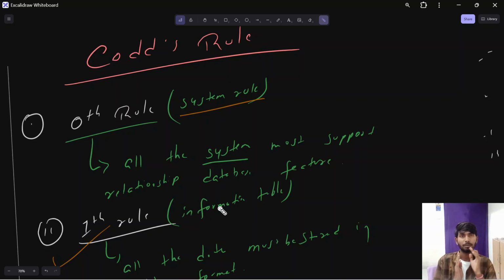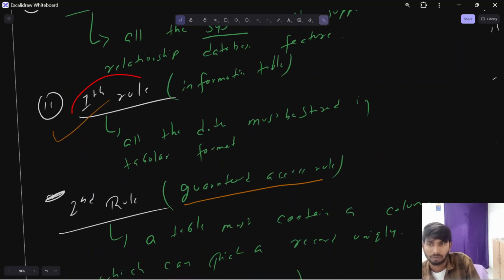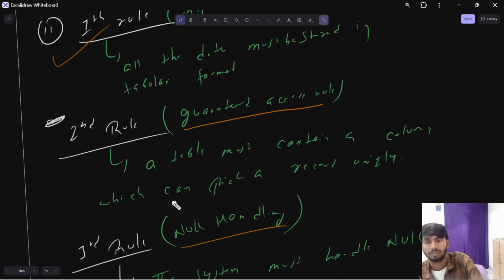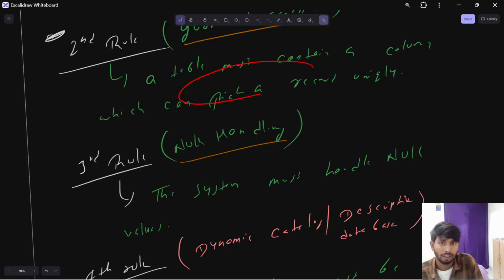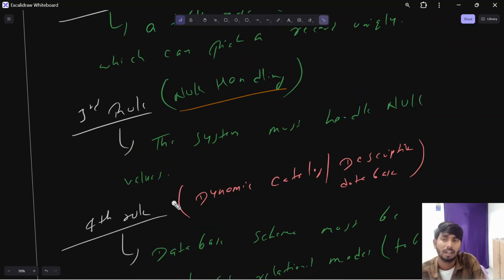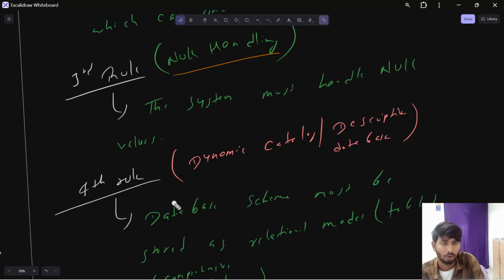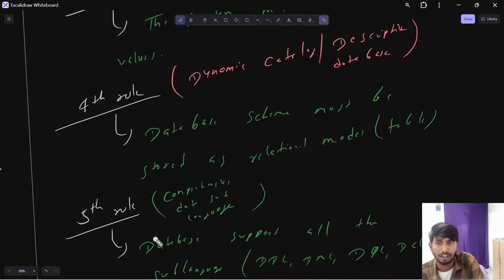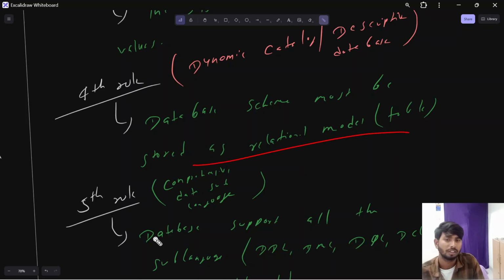Then the first rule is the information rule, which means all the data must be stored in tabular format. Then guarantee access: all the data has one primary key. Null handling means it supports null values. Dynamic catalog: the database must be stored in the relational model.